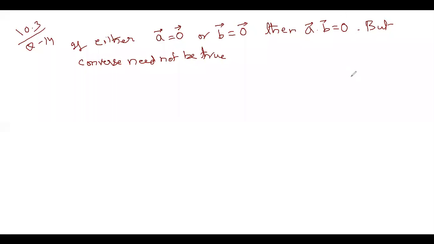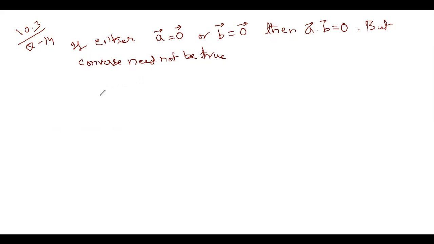Yes, if one of them is 0, then their product will be 0. But the converse need not be true, because, for example, two vectors which are perpendicular have a dot product that is also 0. So that's why it is not true.